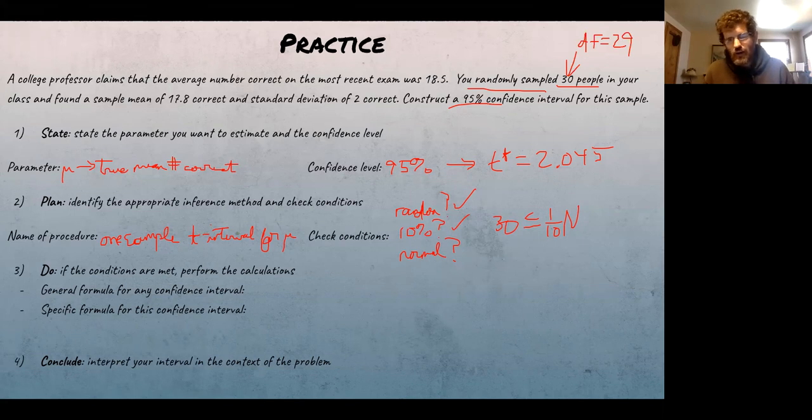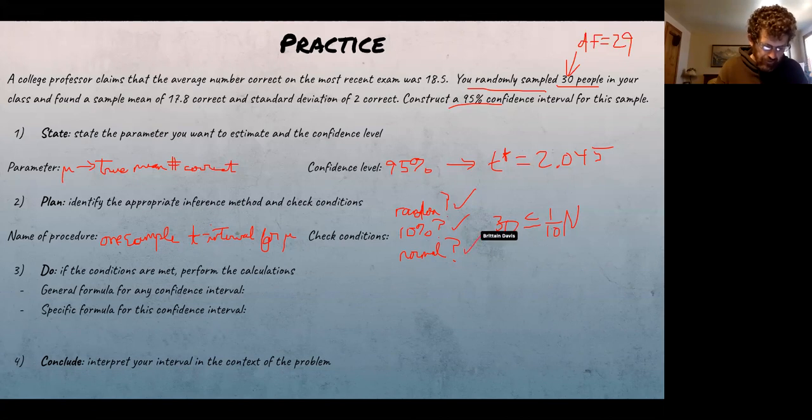So hopefully you never come across a problem like that on an AP test, but you can just make a comment to that effect to show that you know what's supposed to happen. And if the assumptions are not being met, at least the AP reader knows that you know what was supposed to be happening.